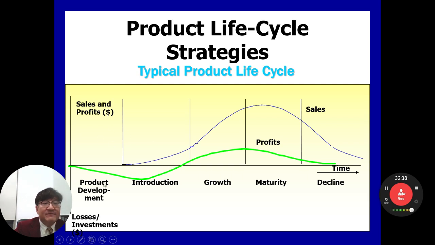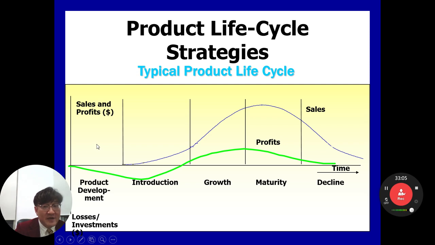Since we have the product development stage or pre-introduction stage, okay, the sales curve, we do not have the sales curve in the product development stage.